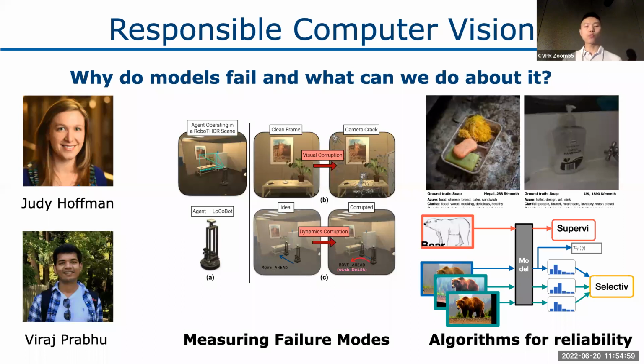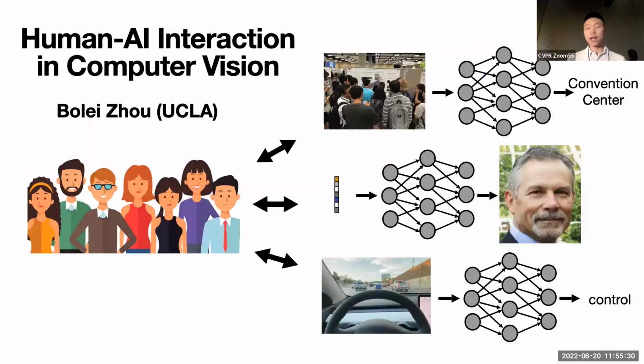She will talk about how we can measure the failure of the models, and also how we can develop better algorithms for higher performance of computer vision tasks. The third lecture will be given by Professor Olga Russakovsky.